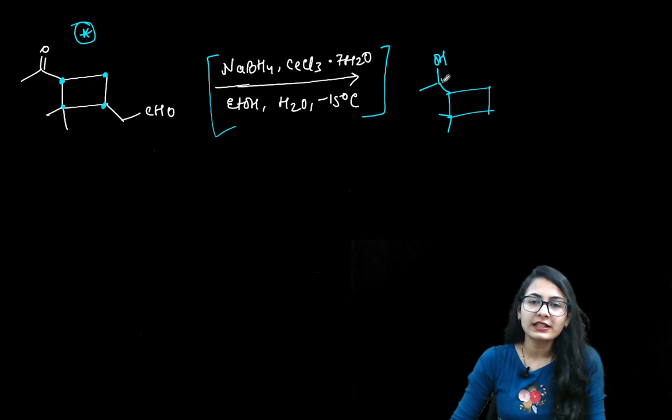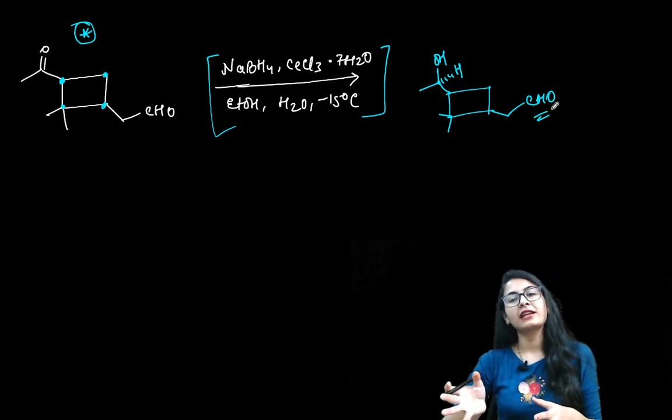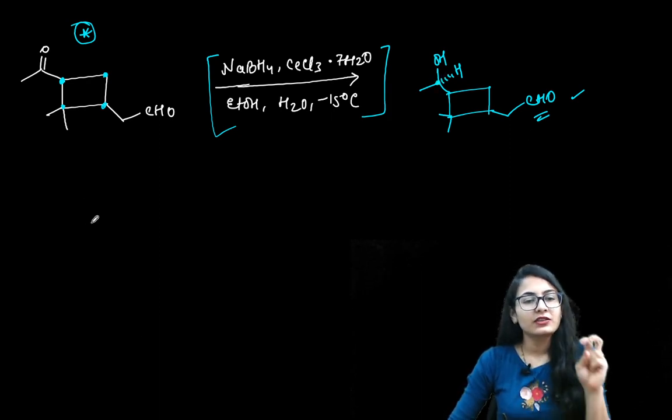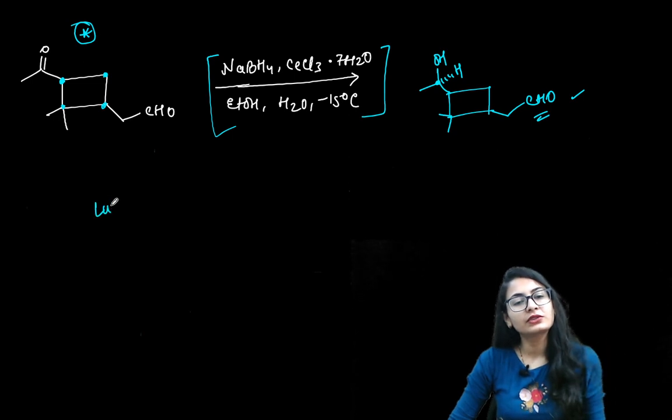The ketone is once again reduced faster than the aldehyde, even though it is a primary aldehyde, or let's say it is a more reactive carbonyl group, but still you are getting the ketone reduction. So we have seen two functions of the Luche reagent, or Luche reaction. What are the two functions?